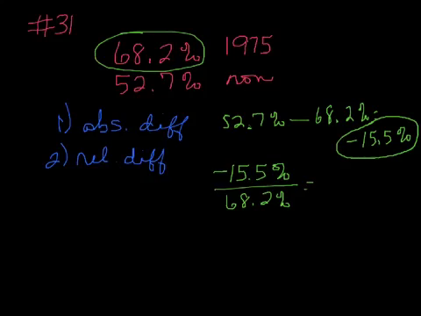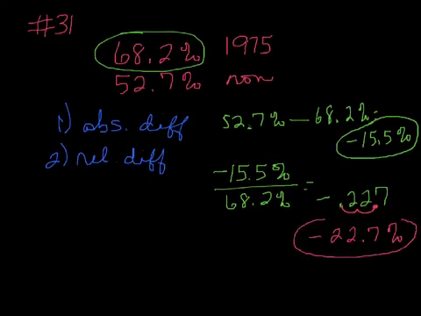You're going to divide those two in your calculator. 15.5 divided by 68.2, and you get negative 0.227. You've got to move your decimal 2 places to the right, and that gives you 22.7%. That's the relative difference. It is negative because you have gone down. It decreased. It went from 68 to 52. So that's your relative difference.